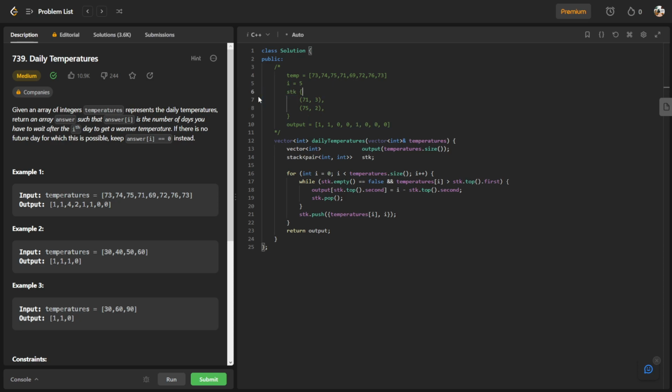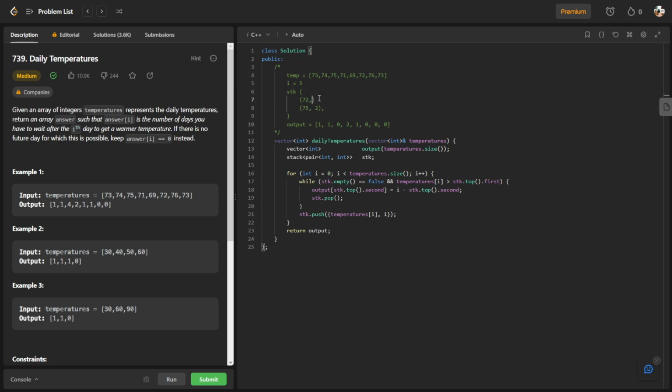After we pop, we check again, and since 72 is also more than 71, it'll be 5 minus 3 at index 3 of our output, which gives us 2. Then we pop it. And since 72 is not more than 75, this while loop ends, and we push the new pair.